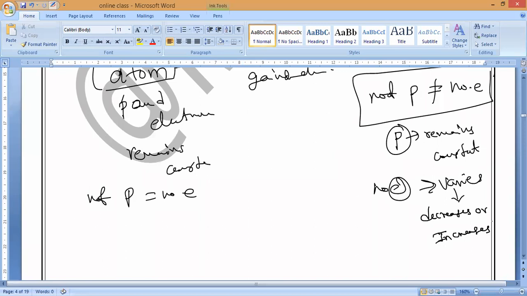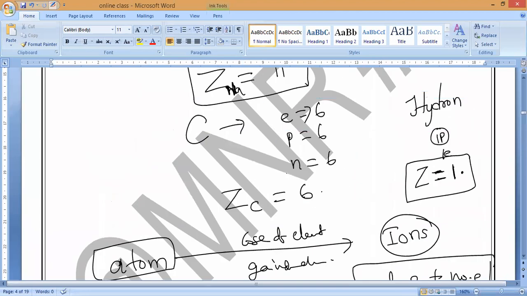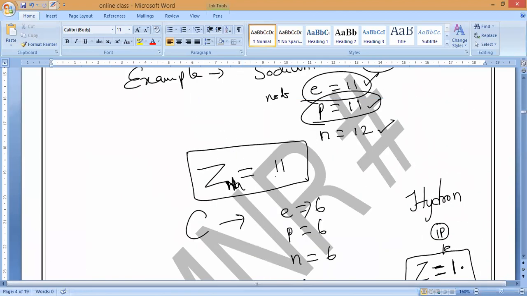That is the reason we don't define atomic number by electrons, because you might get confused between atoms and ions. Yes or no? Yes. So atomic number will always be represented by the number of protons only. What is the symbol of atomic number?